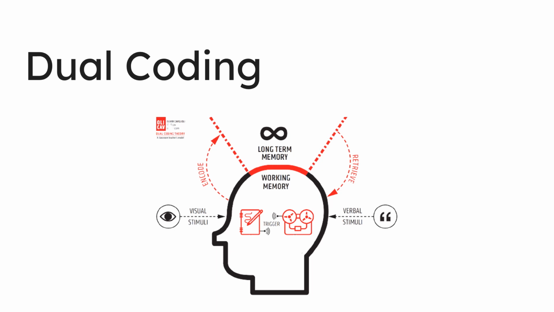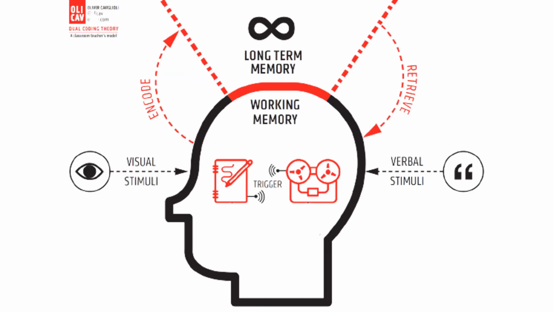Now let's talk about dual coding theory specifically. When students are learning new things, we see that visual stimuli on the left side there. When students are learning new information, the new information and ideas can be processed primarily in two channels. There's an auditory channel, such as written words that they're reading to themselves or spoken words.